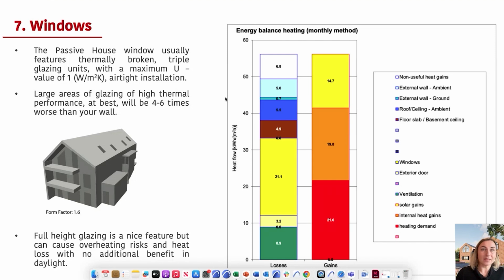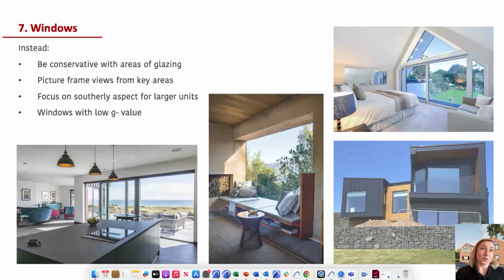So just to summarize the windows, instead, you could be more conservative with areas of glazing. And if there is over 25% of glazing on the south facade, you would want to accommodate an external canopy or extended roof shading or brise soleil to limit that summer overheating.